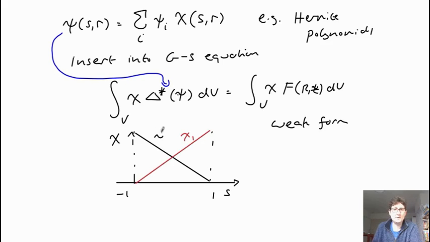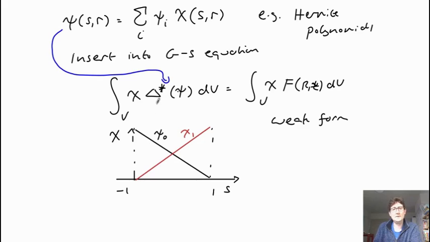That might be psi 0. And this would be a linear basis function. So we just said that the solution is some combination of these two functions. You might then have higher order polynomials. So you might have quadratics or cubics. And in general, it's nice to have a set which is orthogonal. So Hermite, for example, is used in Helena.